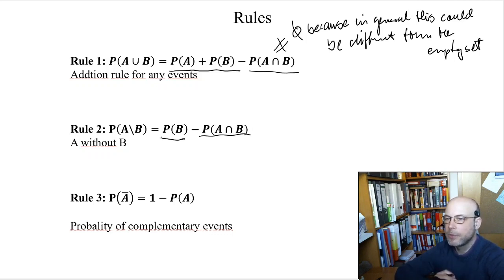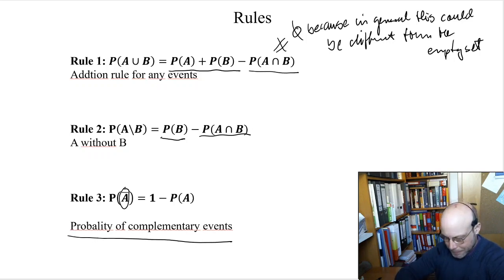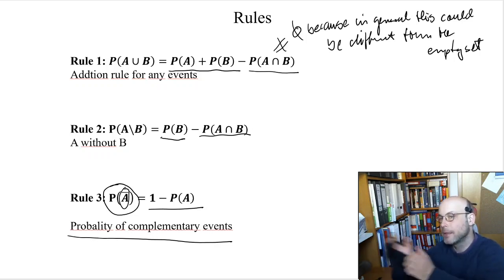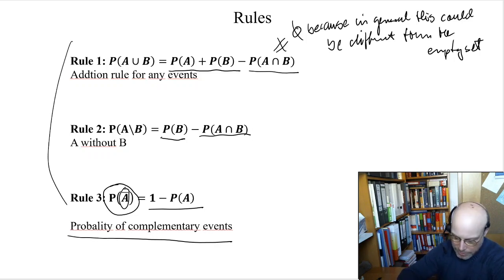And the third rule, I think this is the simplest rule, is the complementary event, where we just write a bar on our letter. So the probability of A bar is just 100% minus the probability of the event itself. But I also think that all these rules are known to you.